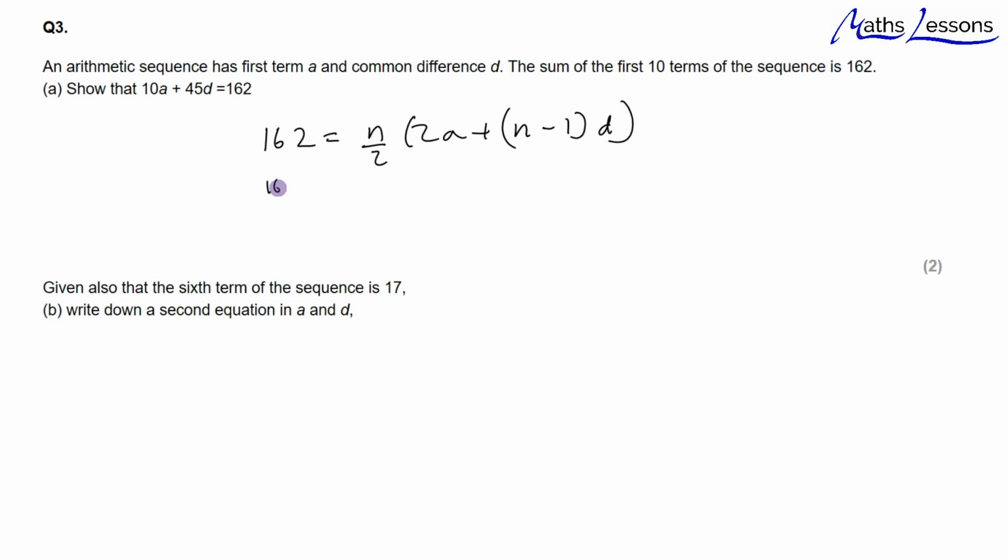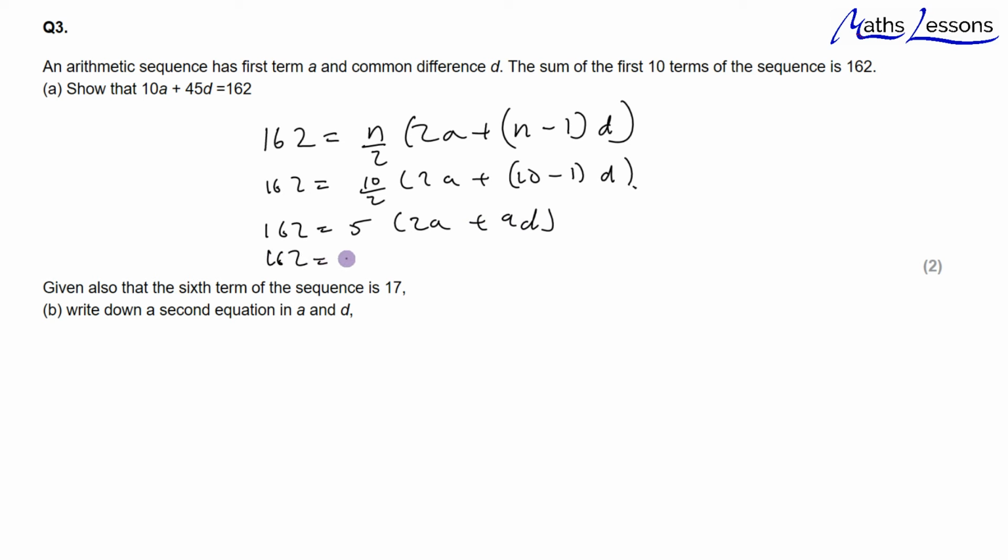I'll put the 10 in now. So I have got 162 equals 5, open brackets 2a plus 9d. Multiply that out, 162 equals 10a plus 45d.